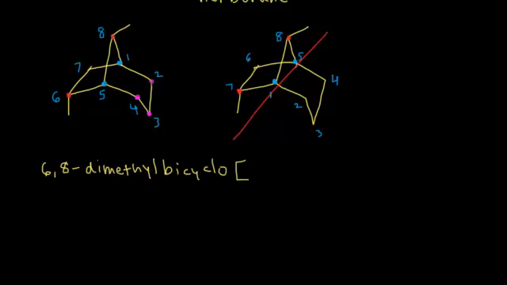There are 3 excluding the bridgehead carbon, so we put a 3 in here. Next, the second longest path, excluding the bridgehead carbon. That was these 2 right here, so next there will be a 2. And then finally, the shortest path, excluding our bridgehead carbon. There is only 1 carbon in our shortest path. So we put that in there, and there were 8 total carbons, so it is octane. So the final IUPAC name for this molecule is 6,8-dimethylbicyclo[3.2.1]octane.